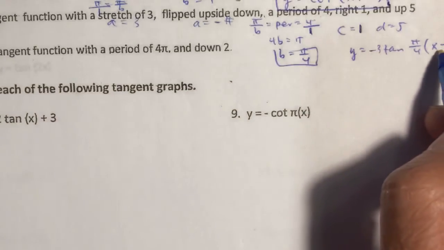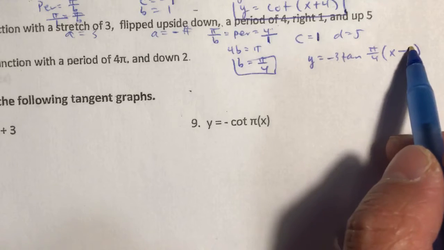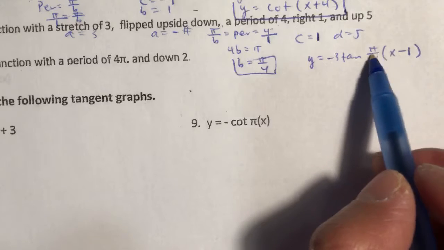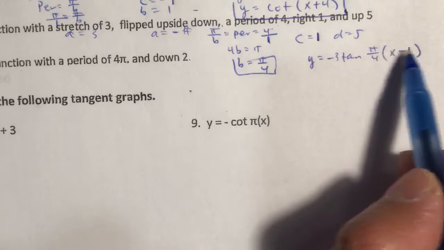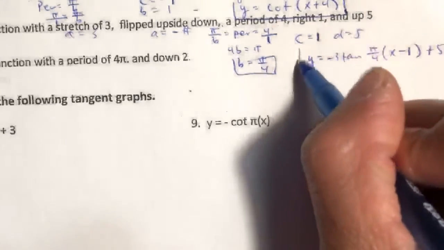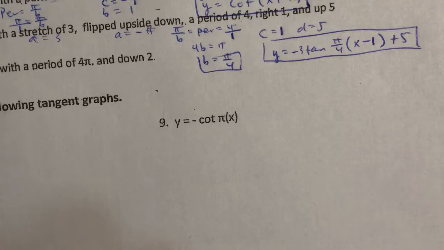Remember, the formula has a minus sign. Remember, add to x, go west or left. But you're not adding here, you're doing subtraction. The opposite of left is right, right 1. And your d value is just plus 5. So there's your answer. Y equals -3 tangent pi over 4 x minus 1 plus 5.